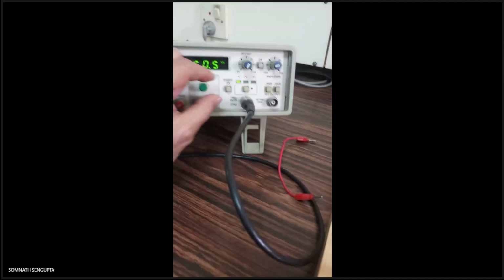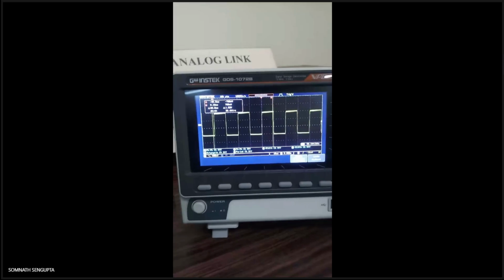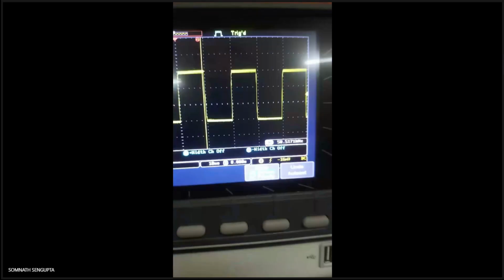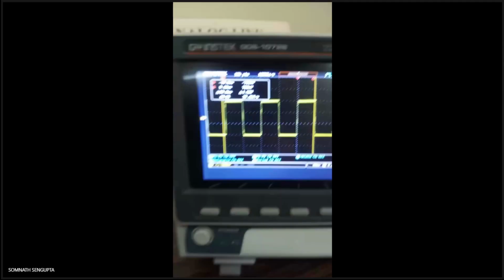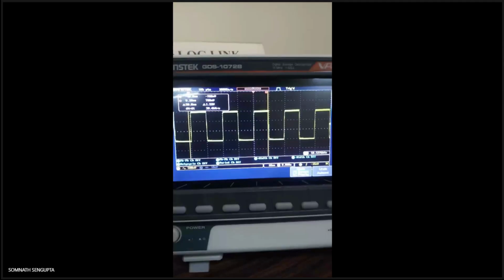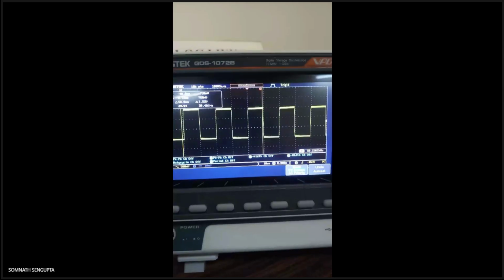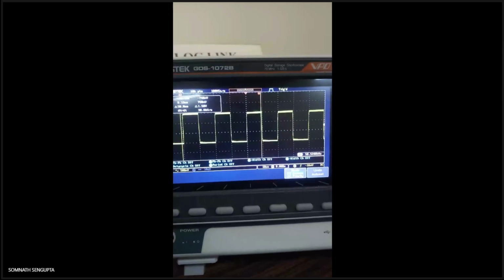50 kilohertz, 50.5 or 50 kilohertz. Let us say it is 50. So here also you will see it is 50 point something, the same frequency, and here also you note down the peak to peak is 1.5 volt.